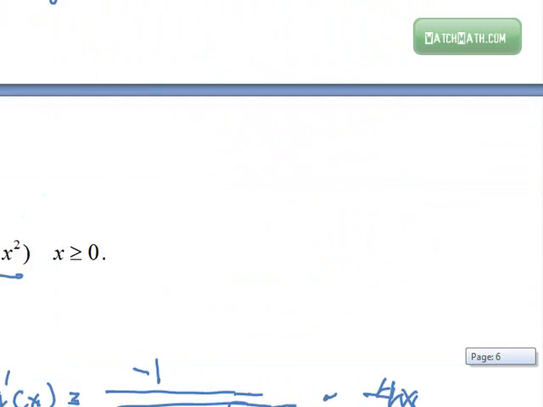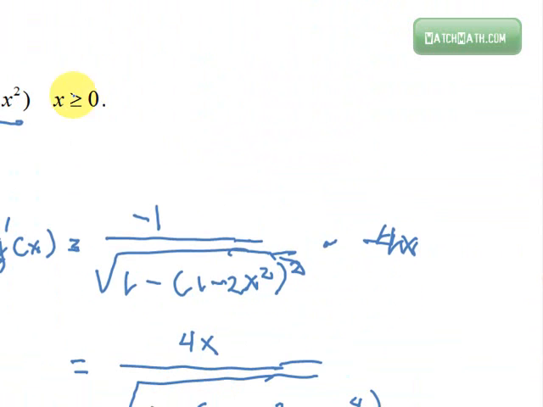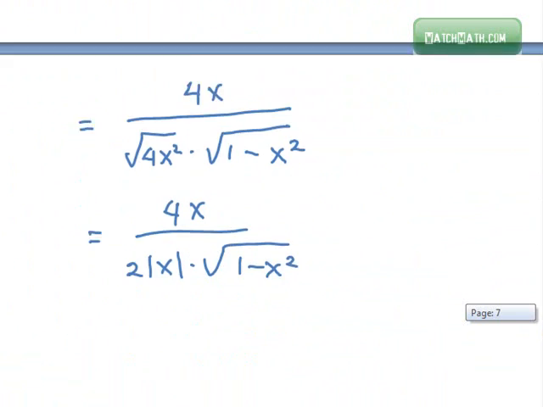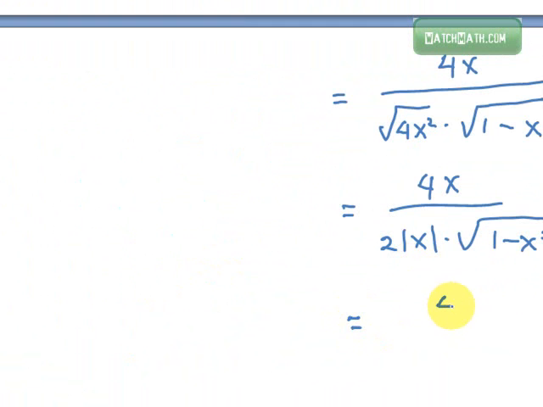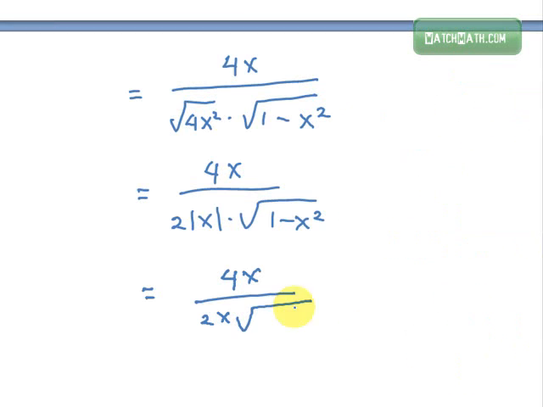Now remember that the problem only cares about x being greater or equal to 0. So if x is greater or equal to 0, then absolute value of x is equal to x.